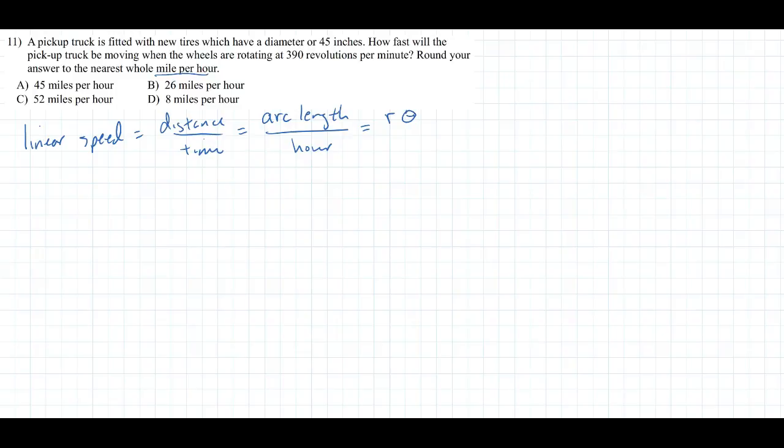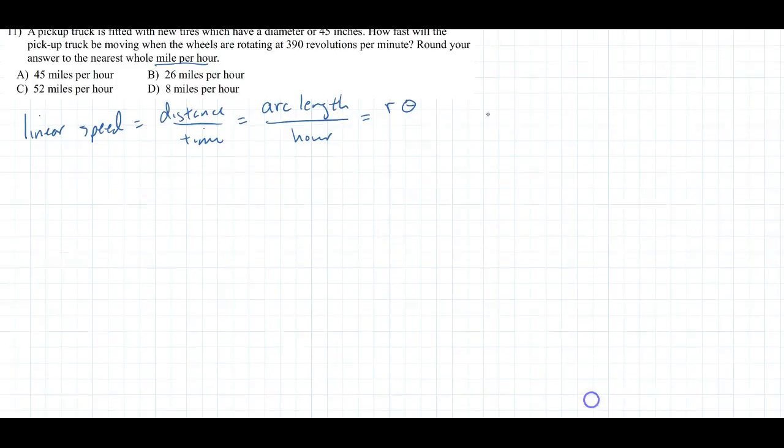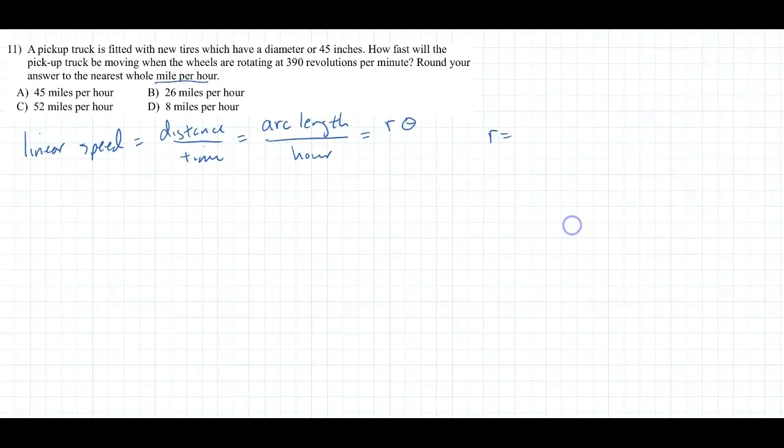And we know that the arc length is the radius times some angle that we rotate. Okay? So we know the radius. The radius is half of the diameter, so it's 45 over 2, which is 22.5 inches. And the angle they're going is 1 revolution is 2 pi radians.